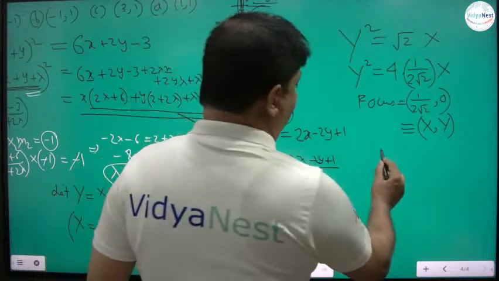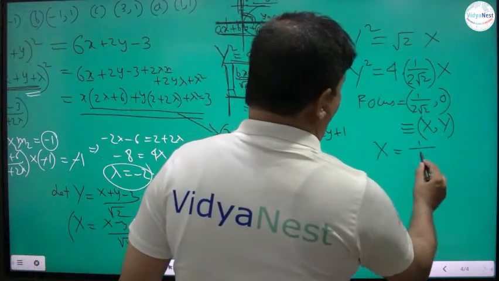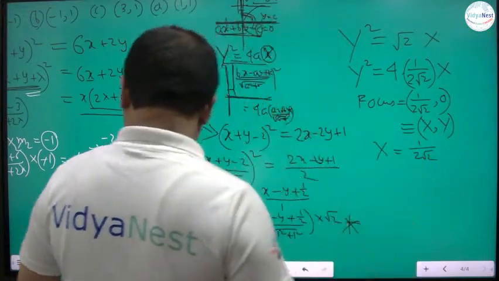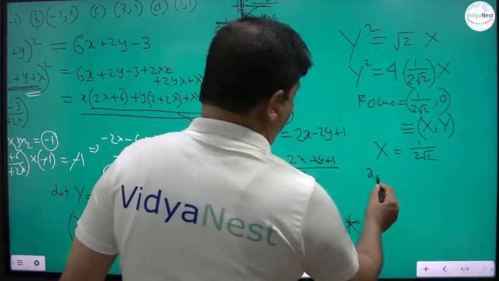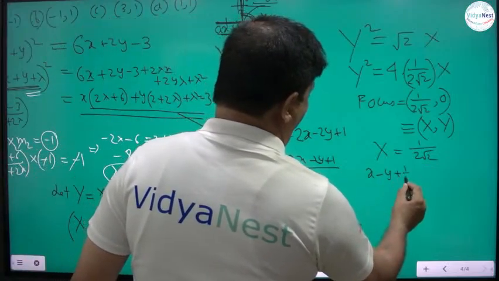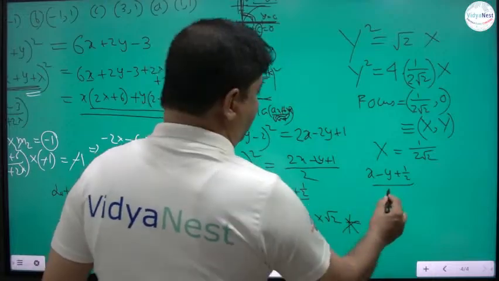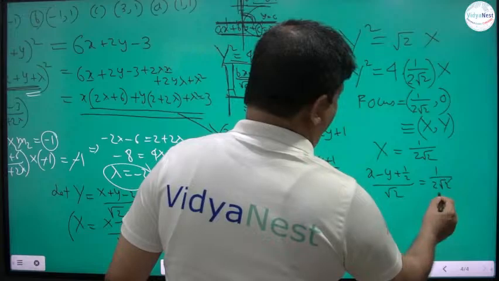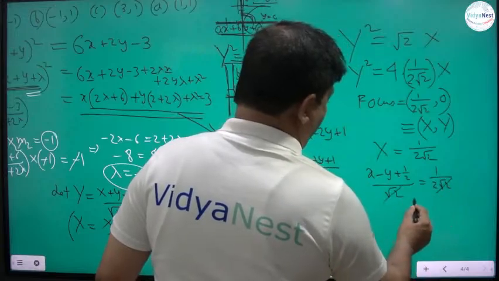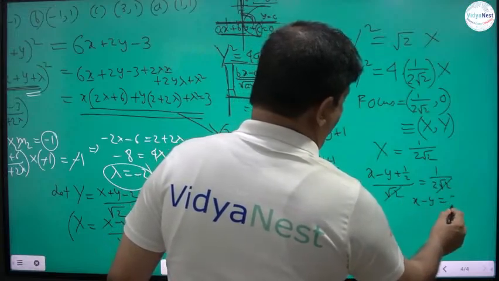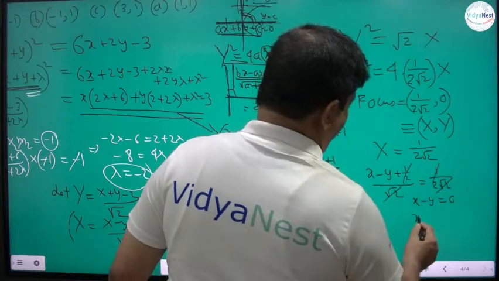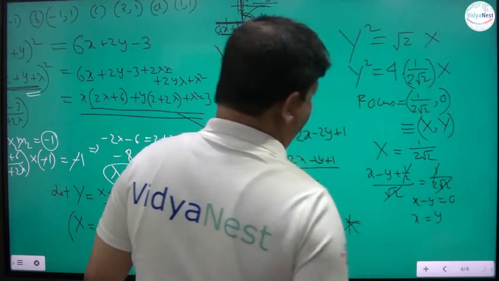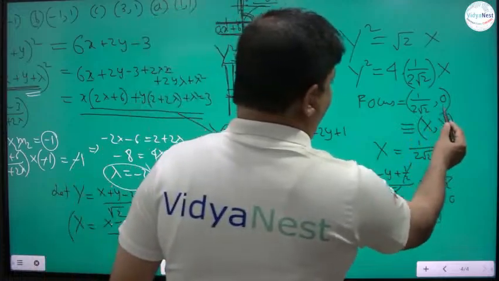Now capital X is 1 by 2 root 2. X is what? X minus Y plus half by root 2, equals 1 by 2 root 2. Root 2 cancel. So X minus Y is 0. Half cancel. X is equal to Y. And capital Y is 0.